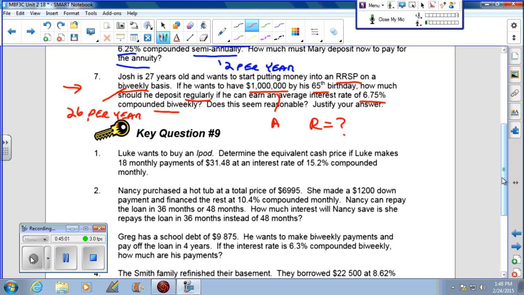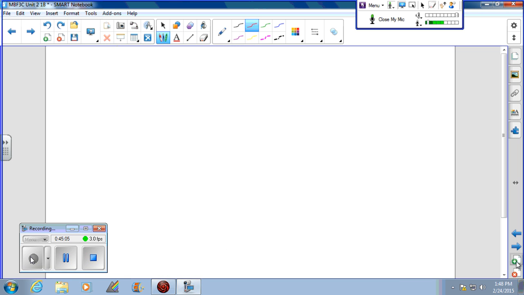Okay, so I'm going to start a new page. I think we got time for this. So this is page 24, support question number 7. Okay, so our A is going to be $1 million, one with 6 zeros.